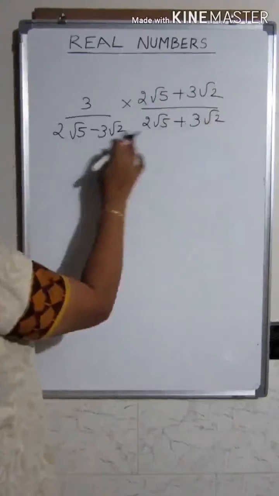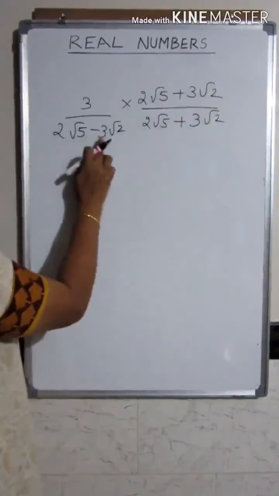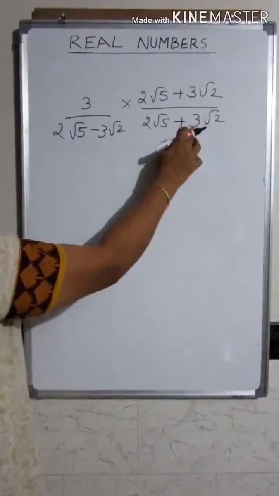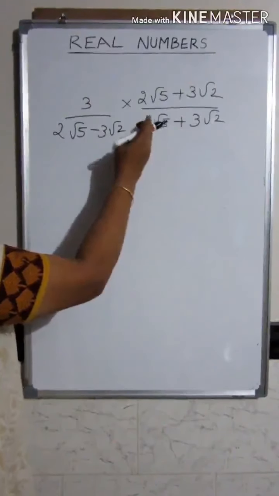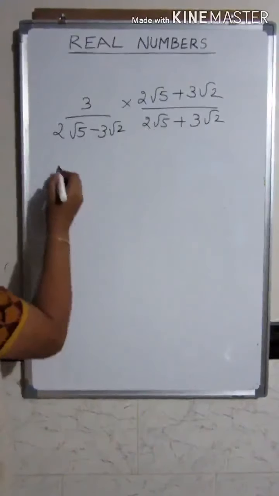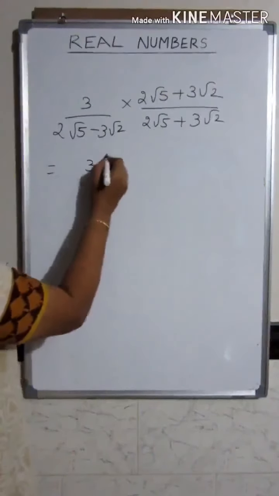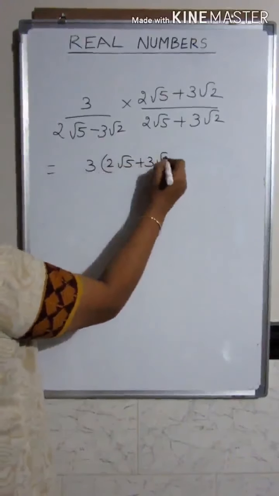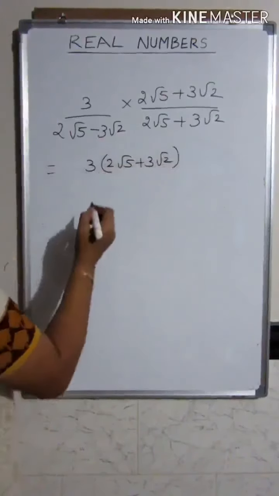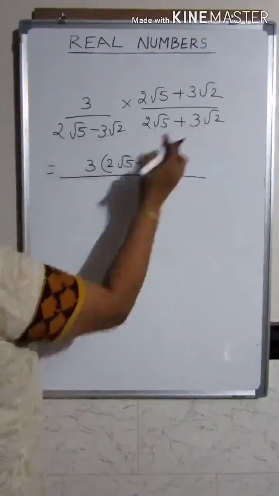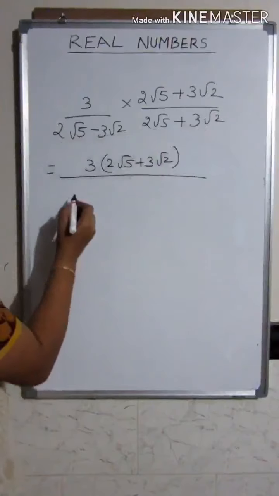So the conjugate surd will be along with the coefficients, you have to take the binomial surd. If you don't take the coefficients, then you cannot use the formula a square minus b square. Now this will be 3 into 2 root 5 plus 3 root 2. So write it as it is, and in the denominator this is a minus b, a plus b. So you are using the formula a square minus b square.